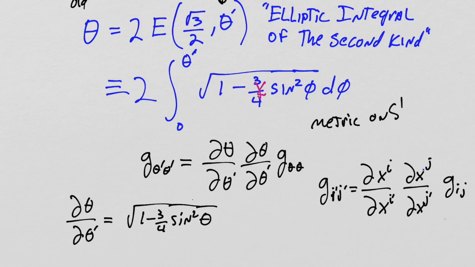Hold on. Oh, it's interesting. Wolfram uses both definitions. It uses the k definition when it's talking about its software, and it uses the k squared definition when it's talking about the function in its mathematical library. For what it's worth, Wikipedia definitely uses k squared, so we're going to stick with k squared.